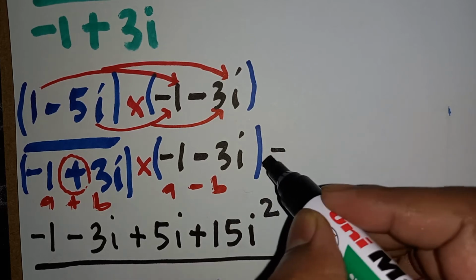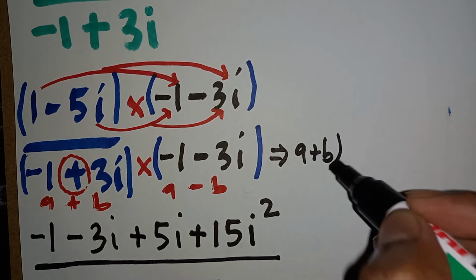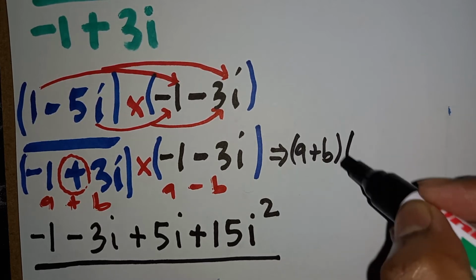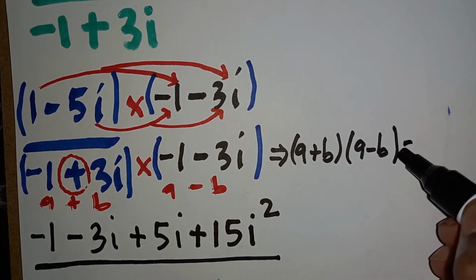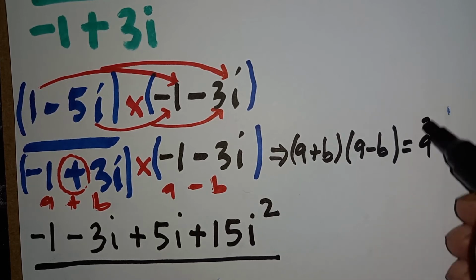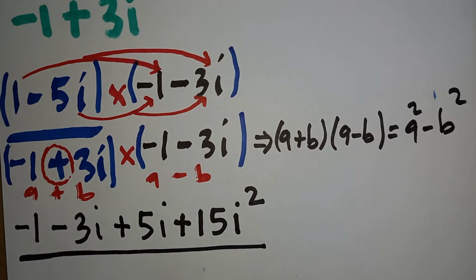So we have (a plus b) into (a minus b), and that can be written as a squared minus b squared, right?